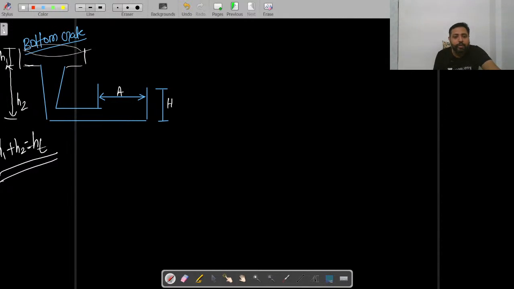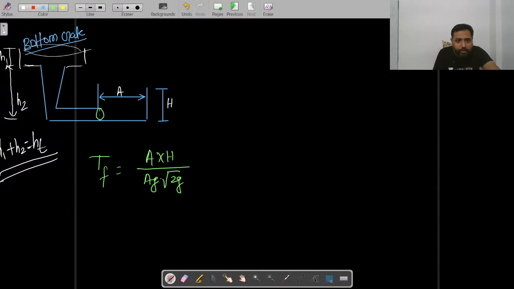Yes, so if they ask for this bottom gate thing, simply you can go for the filling time through the bottom gate, which will be A into H divided by Ag under root 2g.